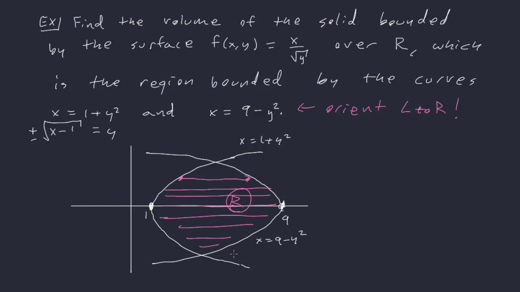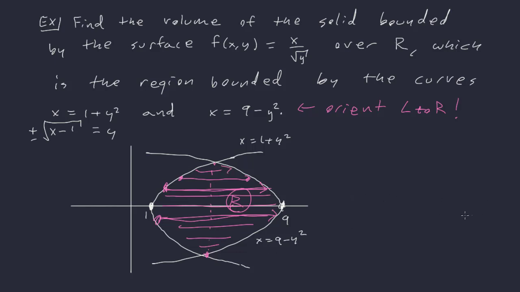And the reason we want to leave it left to right, that's part of the reason about this example, is if we wanted to orient it bottom to top, first of all, in y we would have two integrals to deal with because the bottom and the top change halfway through. So typically what we'll want to do is just leave it in the form it's given to us in. All right, so that's not too bad.